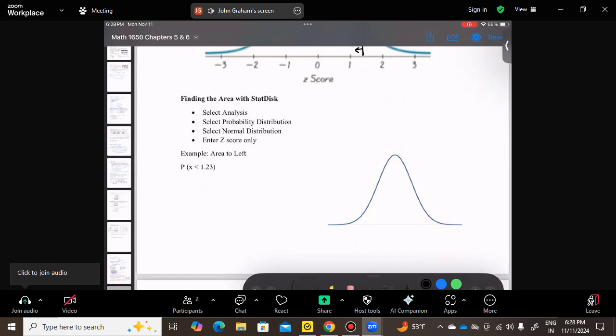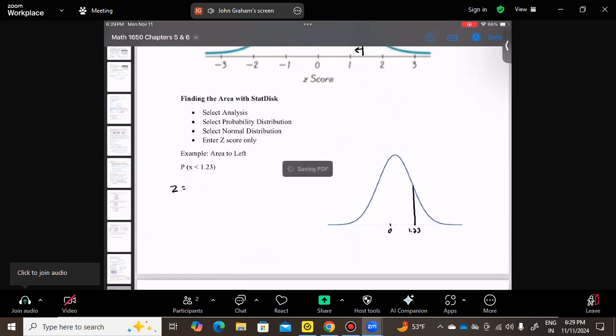So probability of x less than 1.23. That again is to the right of the mean. The mean is 0, 1.23. Now remember, for your z-score, our mean and standard deviation are 0 and 1.